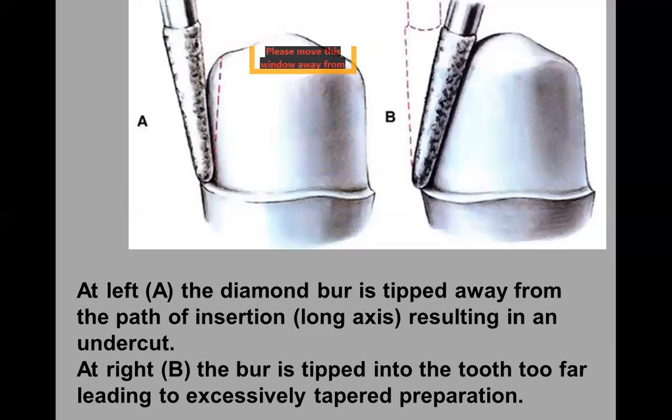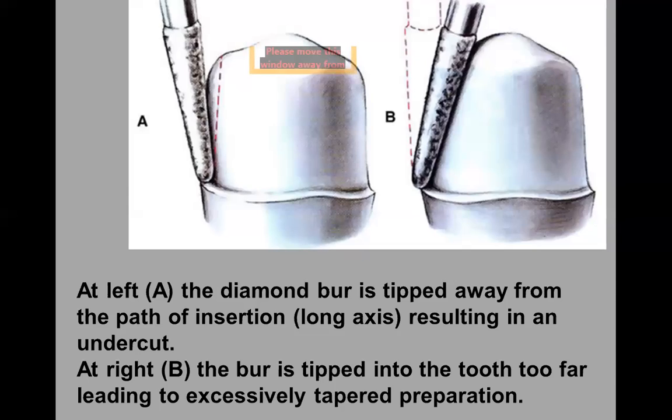What will result? It will result in undercut creation, or you are going to increase the undercut, and it will make it difficult to do your crown preparation, or it will need more cutting from your preparation to remove the new undercut, and this will be very dangerous.